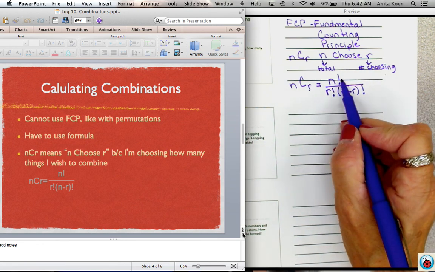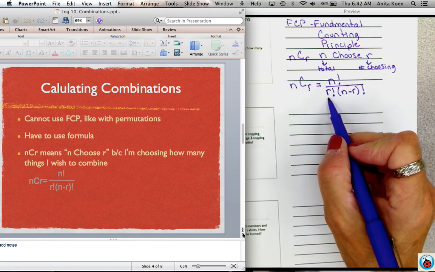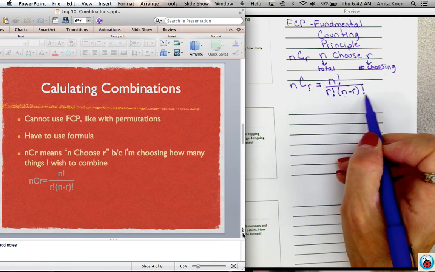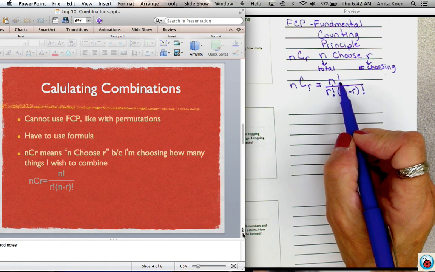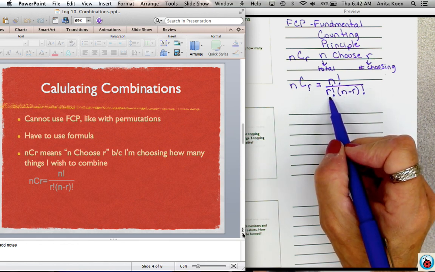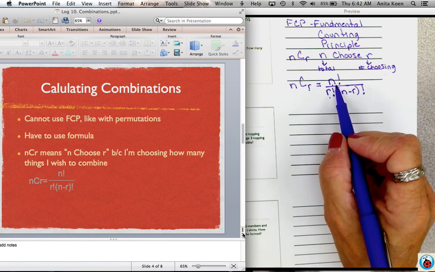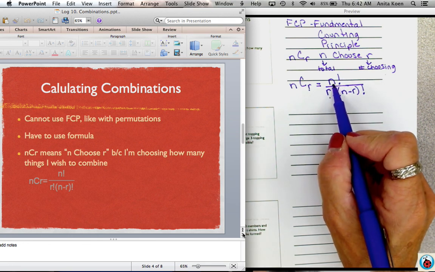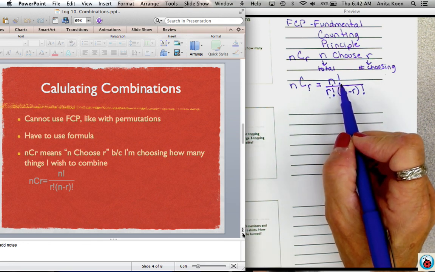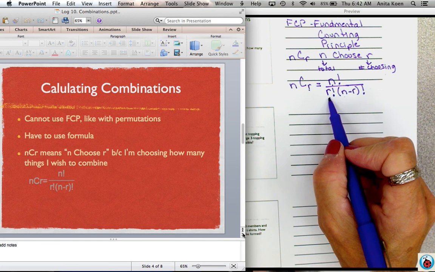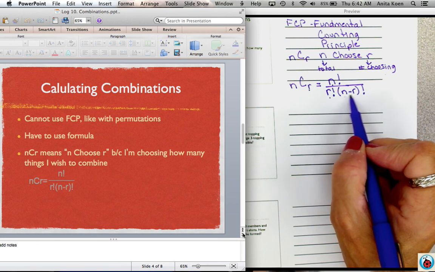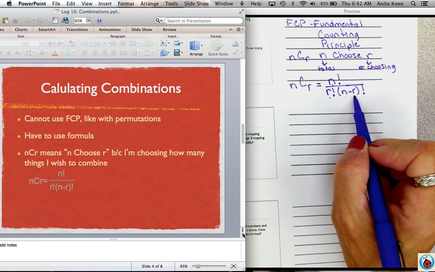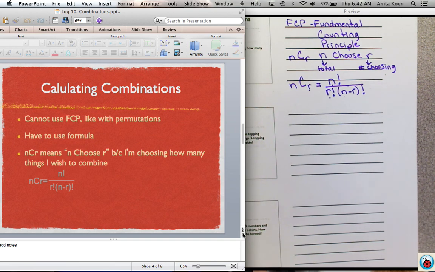So it's N factorial divided by R factorial times N minus R factorial. The total number you have to choose from, factorial, divided by the number that you're choosing, factorial, and then you subtract the total you have minus the total you're choosing, factorial.